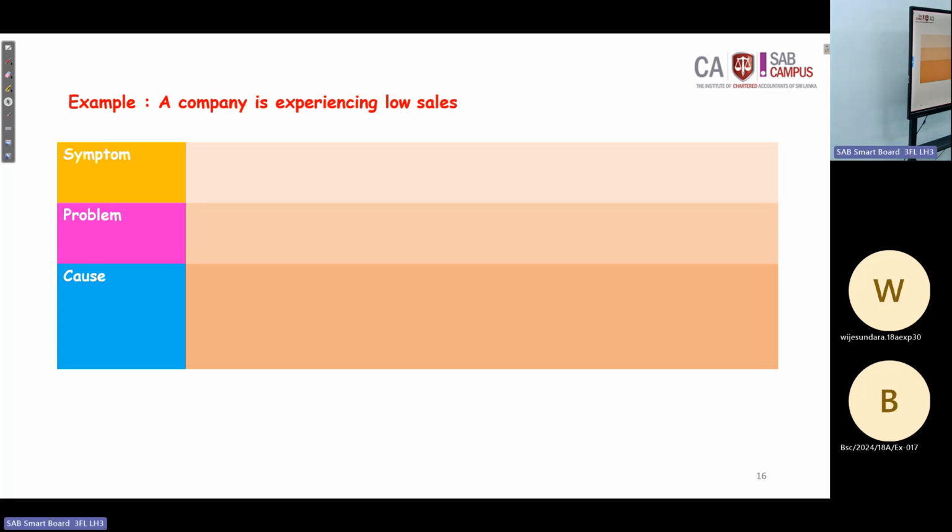Low turnover, inventory level is high, profit will be low. Very good. Payables go up. Okay, another indication. Customer complaints high.